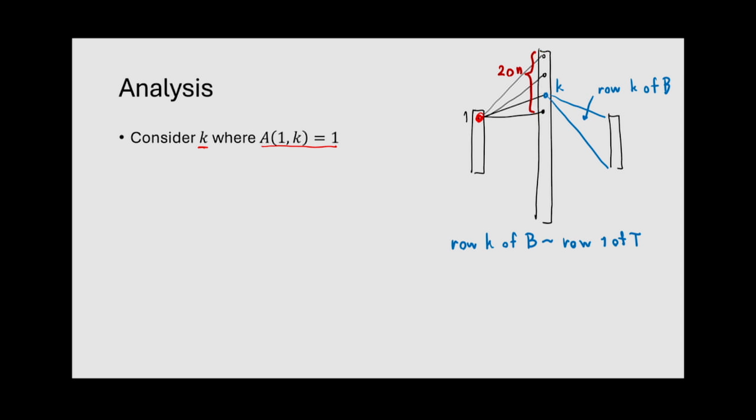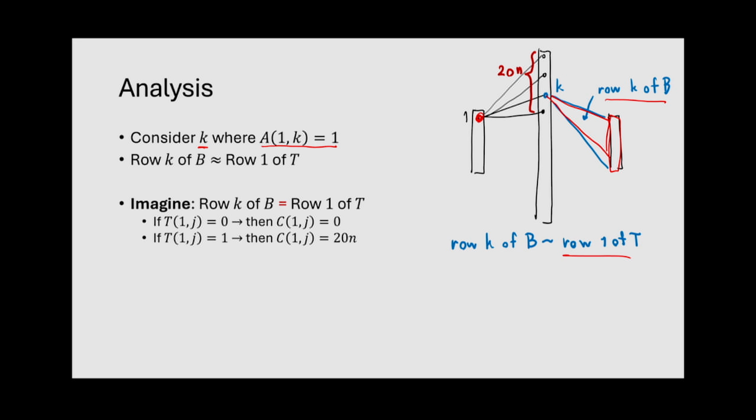Among all these Ks, we know that the kth row of B is similar to the first row of T. We have this: row K of B is similar to row 1 of T. So just imagine for easiness that actually they are the same.